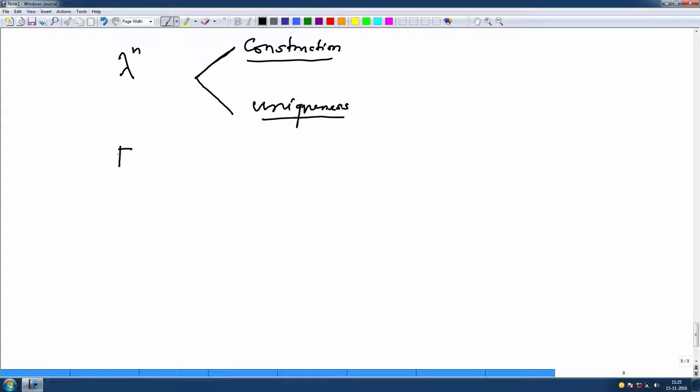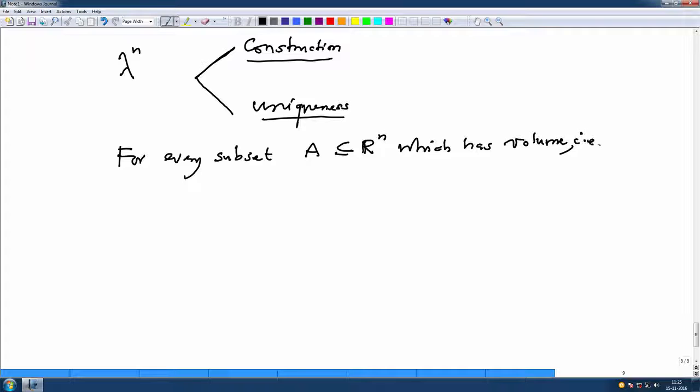For every subset A in Rn which has a volume, that is, lambda n of A exists, and suppose F is an affinity from Rn to Rn.